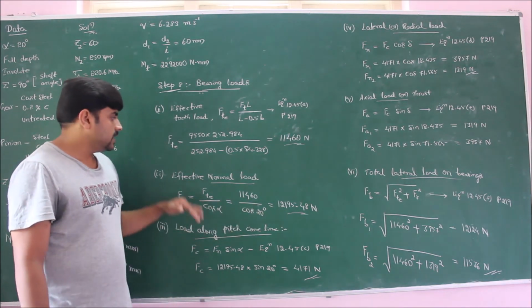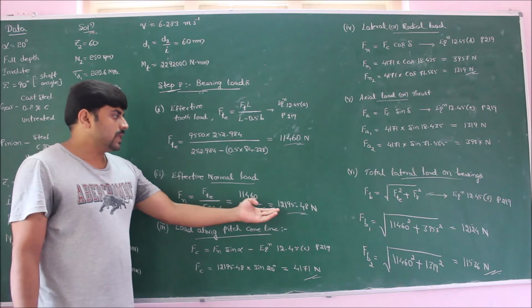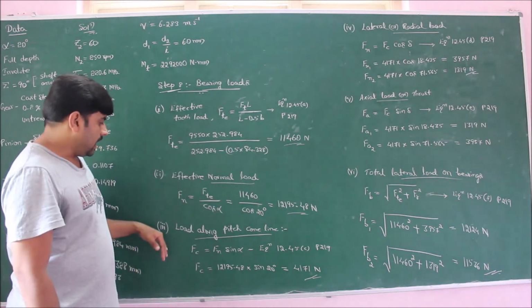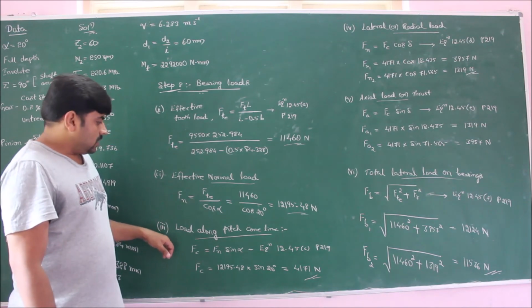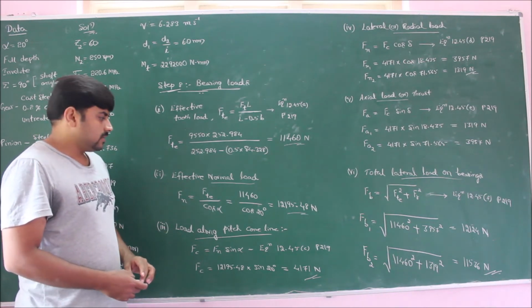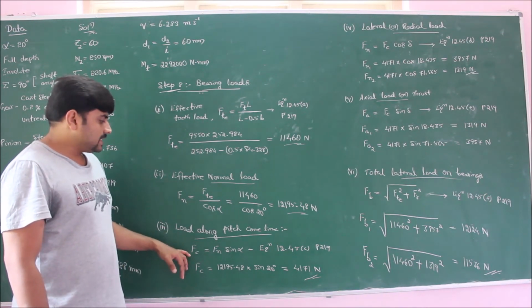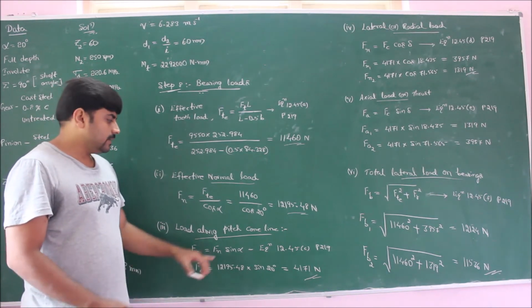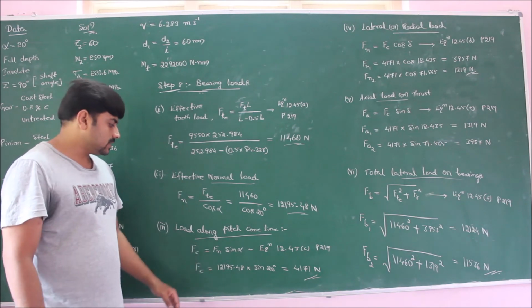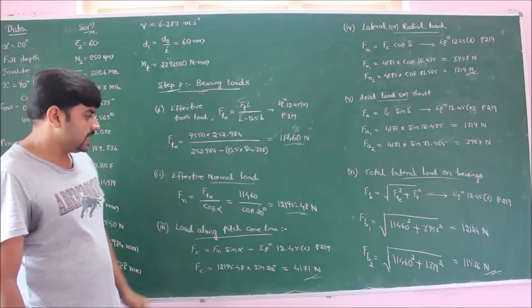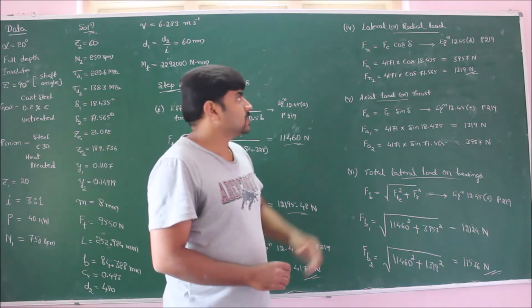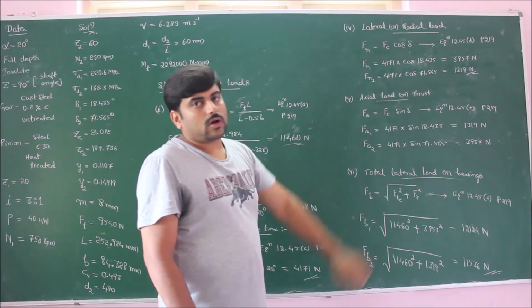I will get the effective normal load as 12,195.48 newtons. And moving on to load along pitch cone line, the formula is given by effective normal load times the sine of the pressure angle. So substituting the values, I will get the load along pitch cone line as 4,171 newtons.